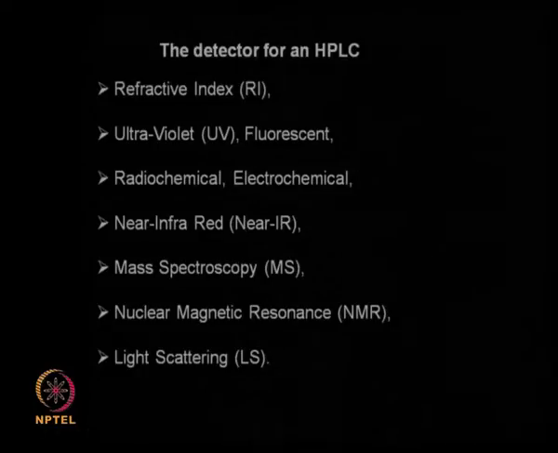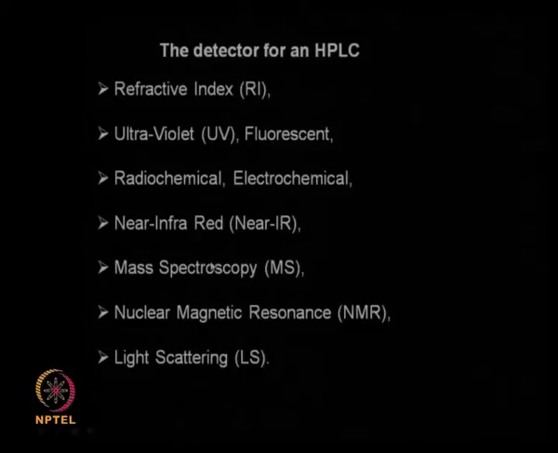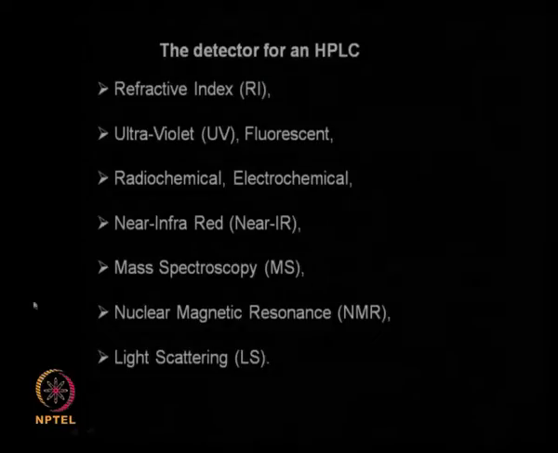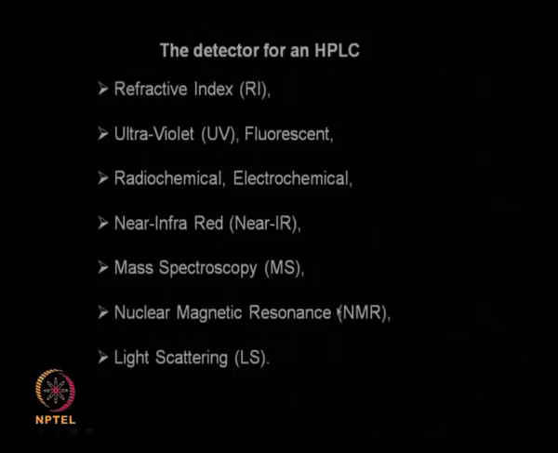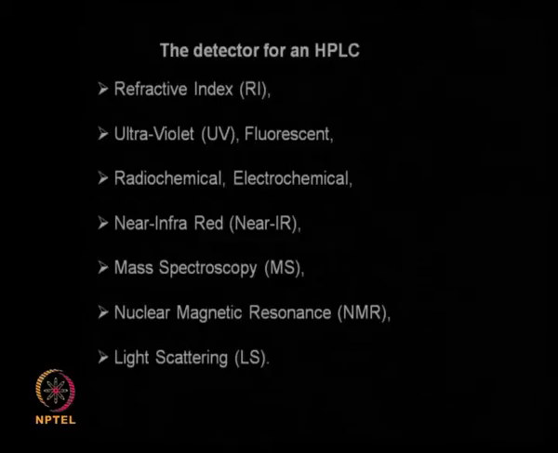Then we can have mass spectrometry detectors. Mass spectrometry detectors can be used to determine the mass of the component. We can have nuclear magnetic resonance or NMR. So, it can identify the state of the protons or state of the carbons. You can have a light scattering detector. So, what happens here is, as the component flows, the light gets scattered, the light that is going to the receiver is diminished.